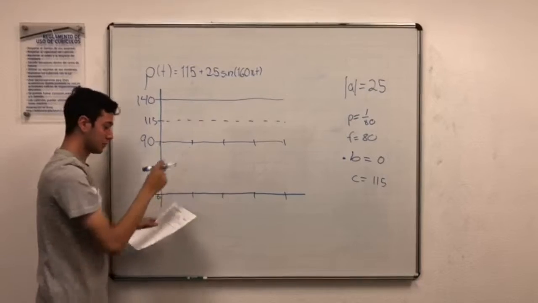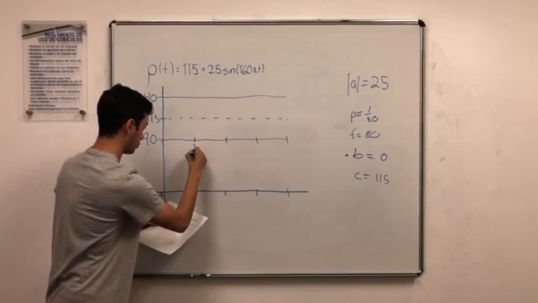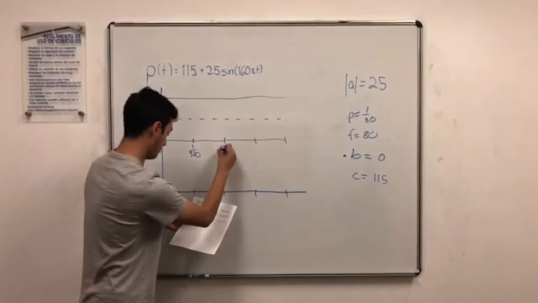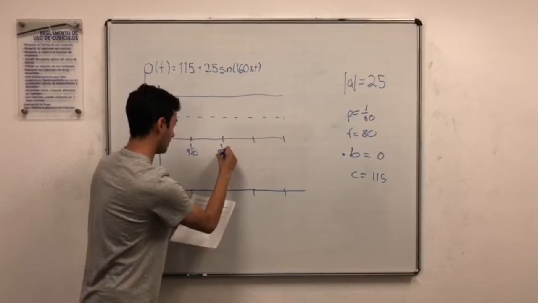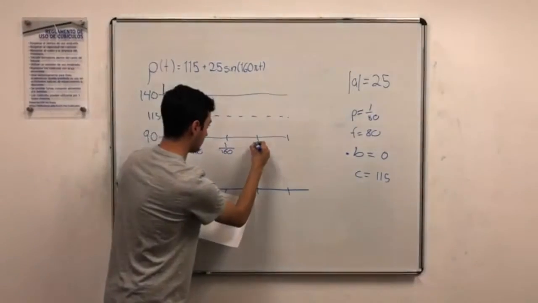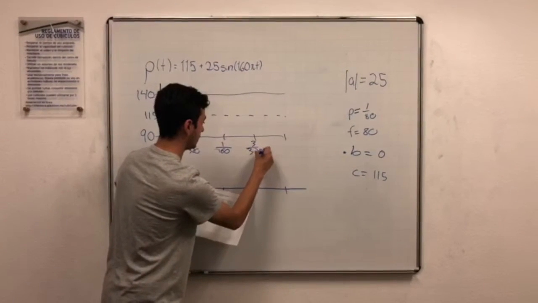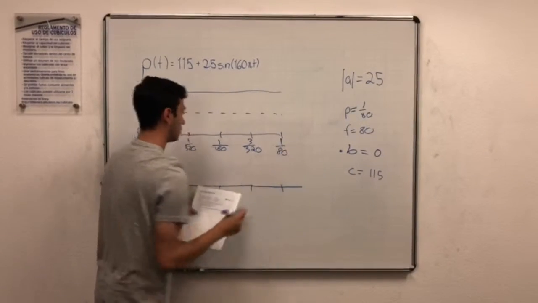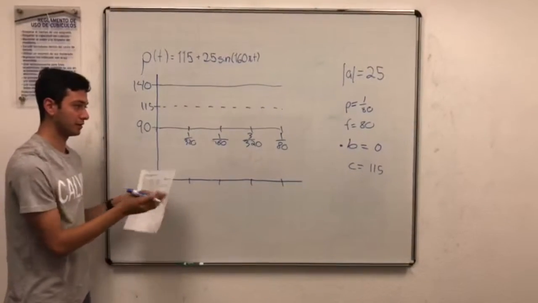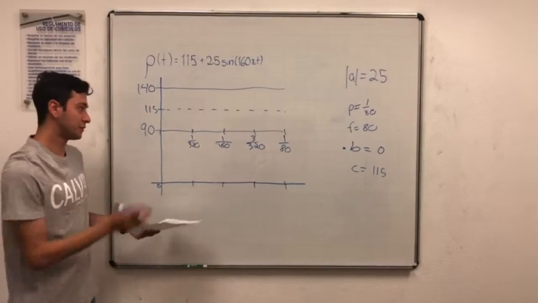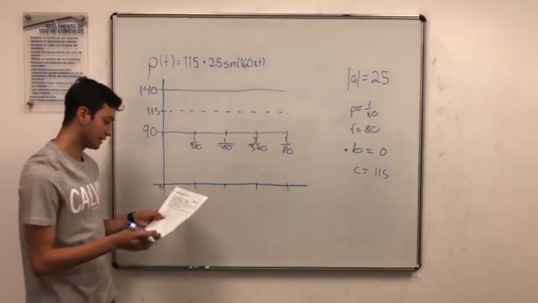So our first number is 1/320, and then we have 1/160, then 3/320, and finally 1/80. So the period was divided by 4, and this is our result. And there wasn't a phase shift, so that's why it remains like that.